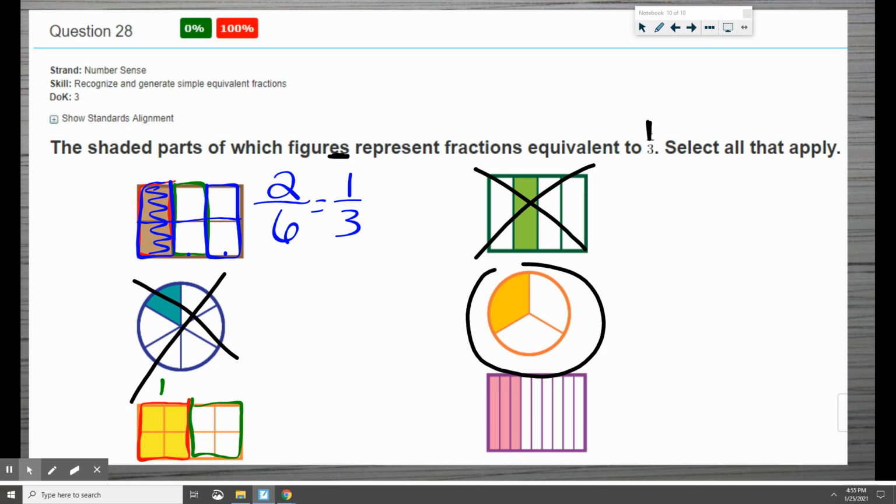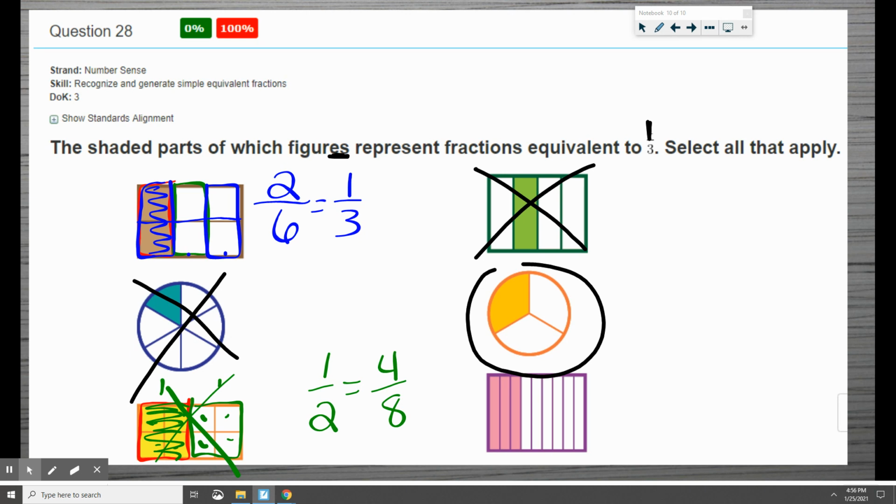I have 1 red group and 1 green group. They're the same amount, so this is actually going to be 1/2. This 1/2 is not equivalent to 1/3, but 1/2 is equivalent to 4/8. Looking at the pieces on the inside, there are 8 and 4 of them are shaded. This one does not work.